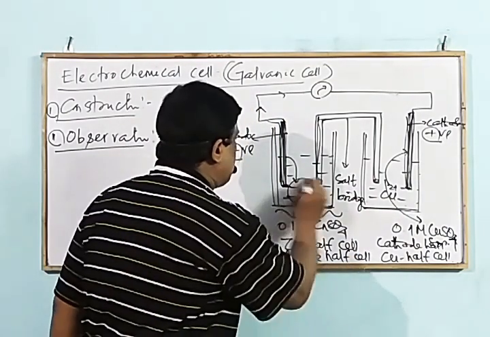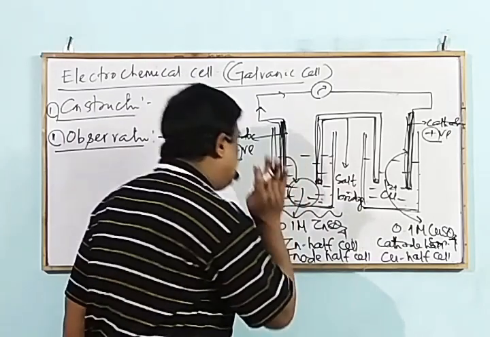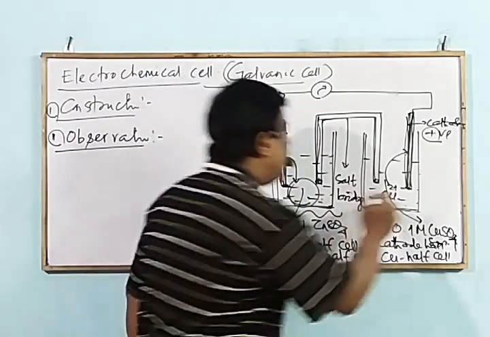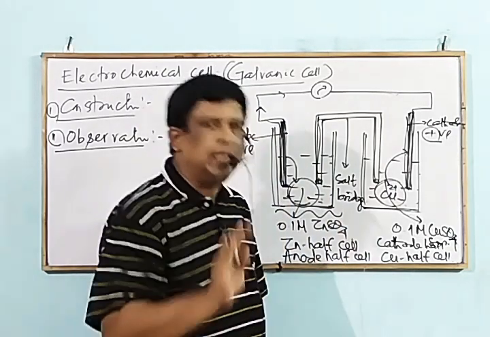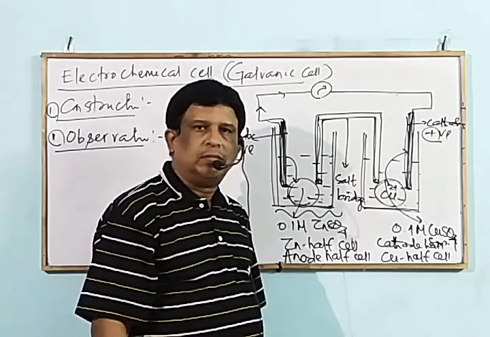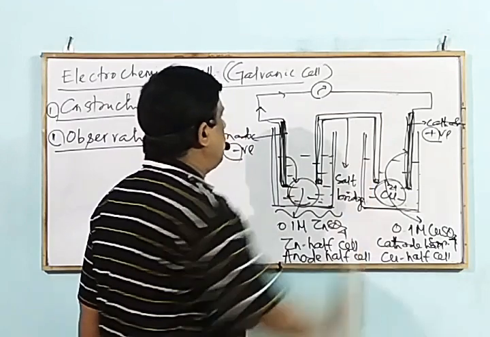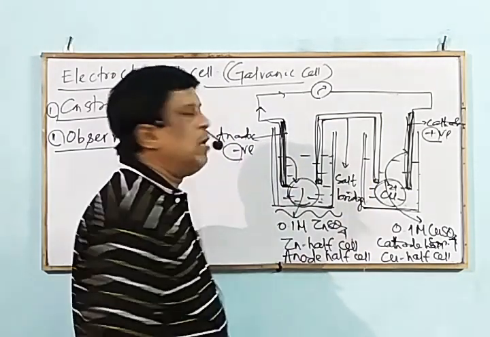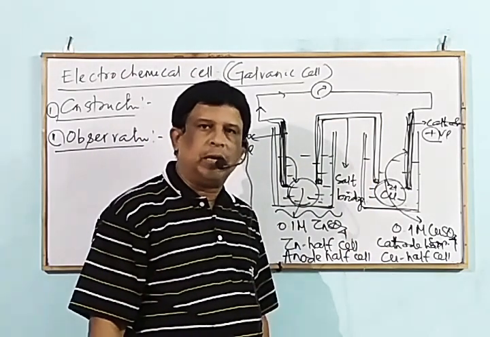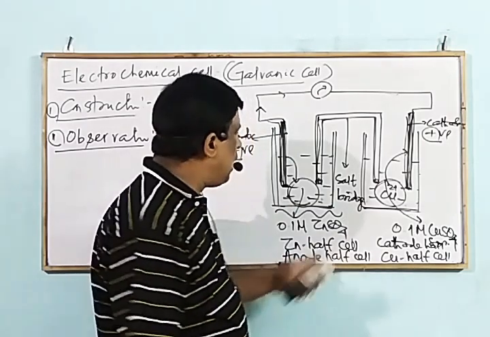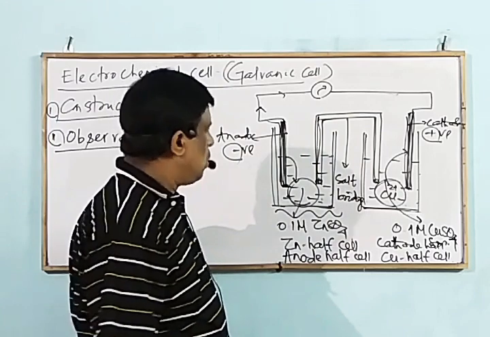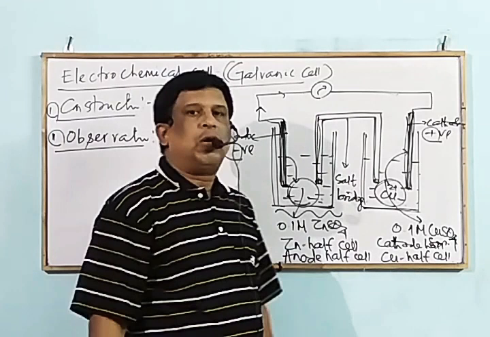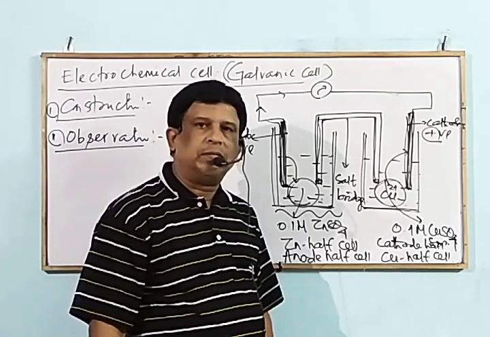Then concentration of the zinc ion in the zinc half cell increases, and concentration of copper ion in the copper half cell decreases. And there is a flow of electron externally, flow of electron is nothing but the flow of current. And internally, the circuit is closed by the salt bridge, which maintains the electrical neutrality.